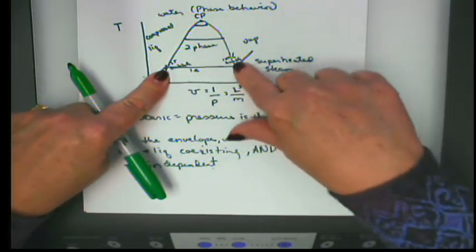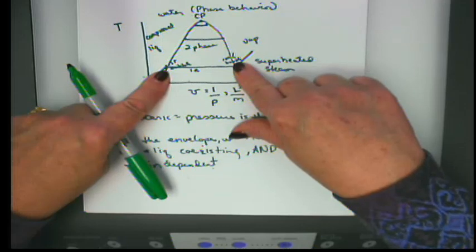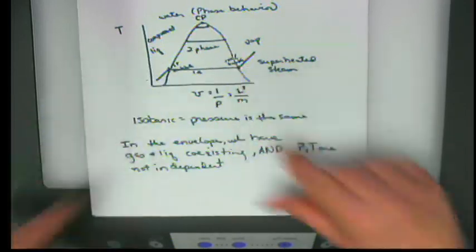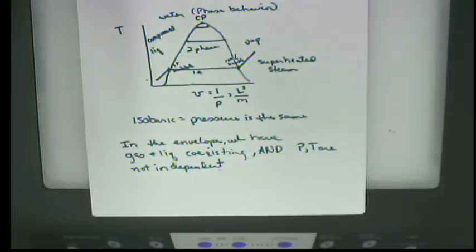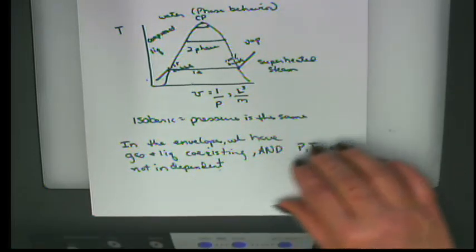There's also more heat associated with water that's almost entirely steam than there is with water that's almost entirely liquid. So the properties as we cross the two-phase envelope are different, but we can't fix our state within the envelope based on pressure and temperature alone because they are not independent in the two-phase region.